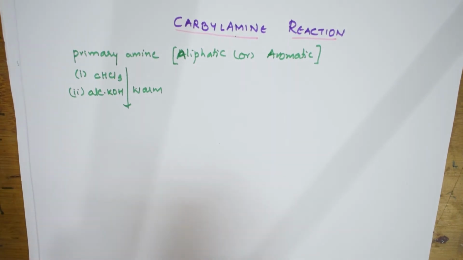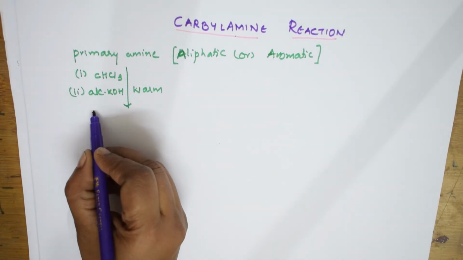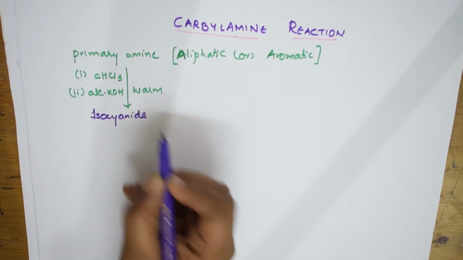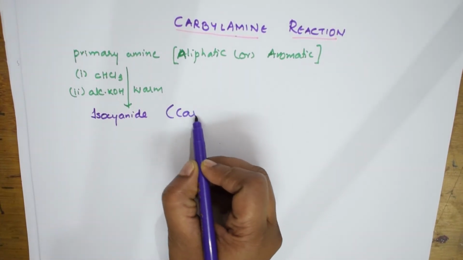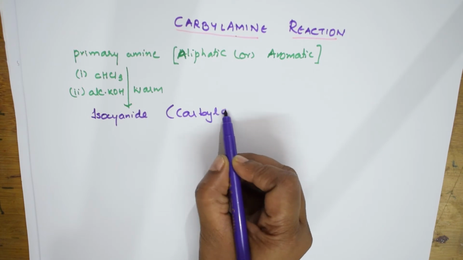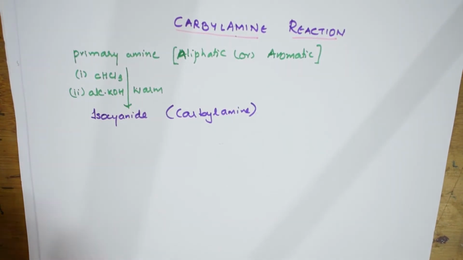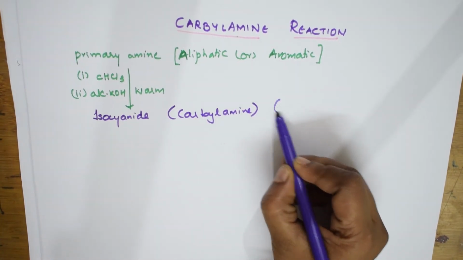Now, what does it form? It's going to form a compound called isocyanide. Another name for this is carbylamine. Carbylamine, as the name reaction suggests. What is the speciality of this? It has a very offensive smell.